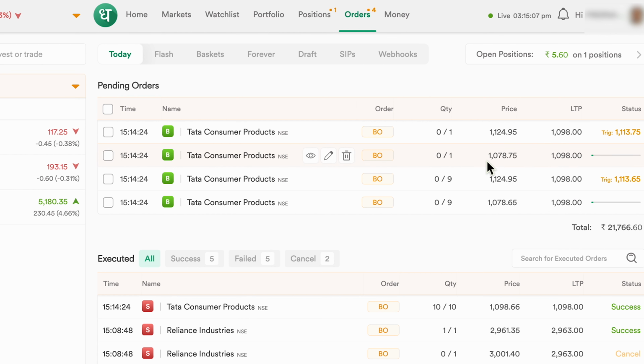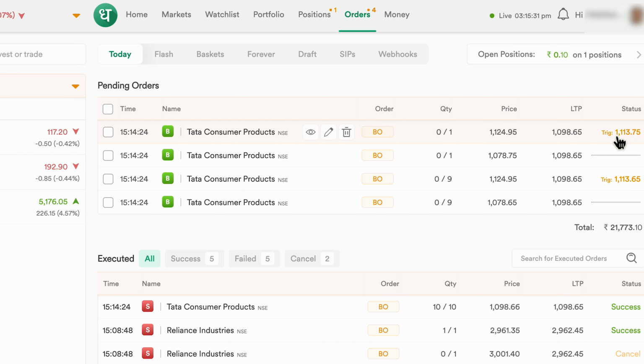Now, when I go to my orders, basically when do I make money? When the price drops. So this order over here is if my price drops by 20 rupees and comes down to 1078, that's when this order will get triggered to give me 20 rupees of profit. And this above order says if the price increases by 15 rupees and I am seeing a loss, my order should be, again, you see over here, 1113.